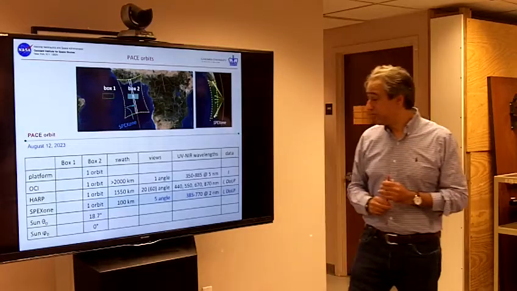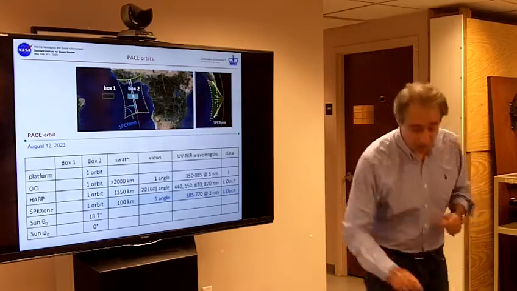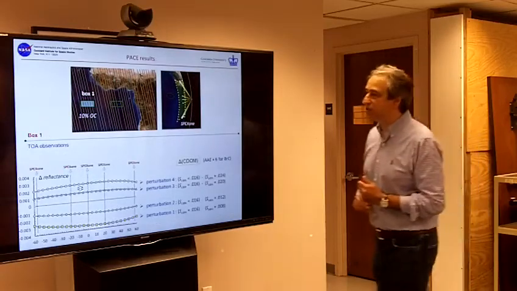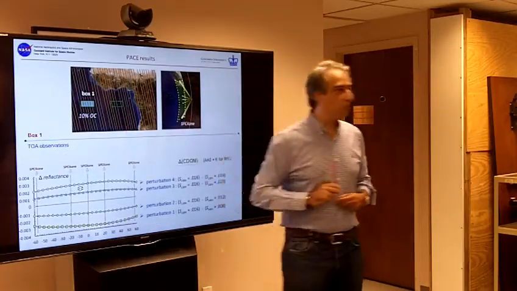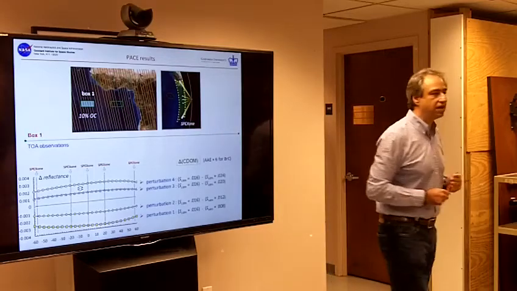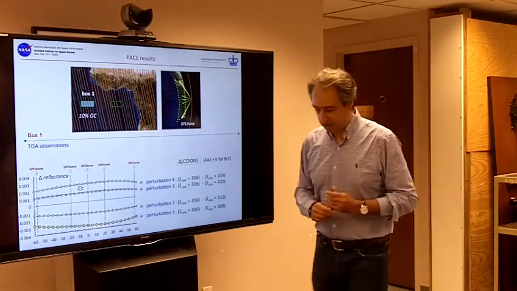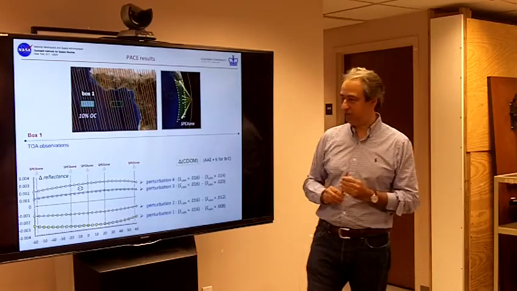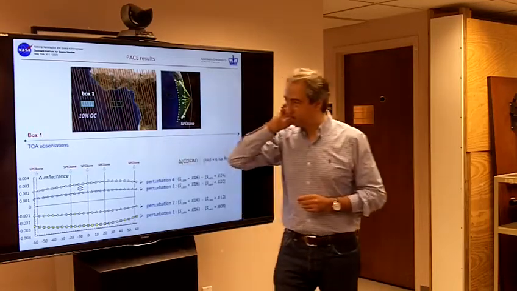And the results are here. So these are the results for box 1, where I assume that 10% of the organic carbon that is simulated by OMA and constrained by SeaWiFS is brown carbon.